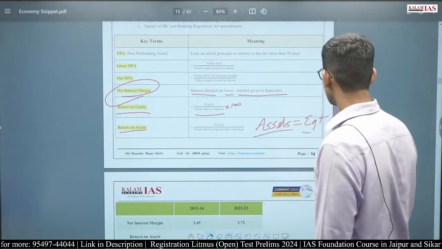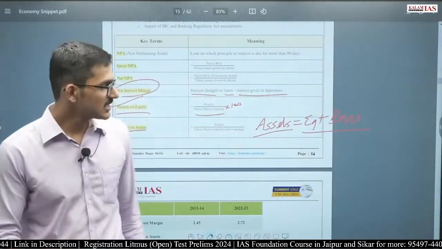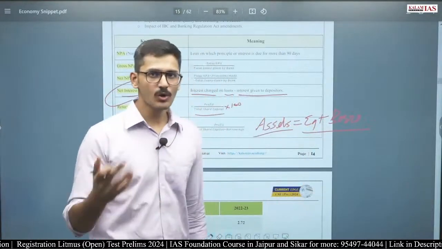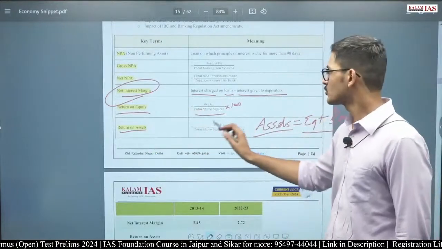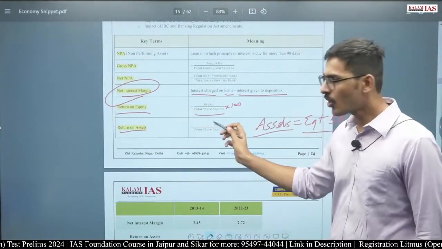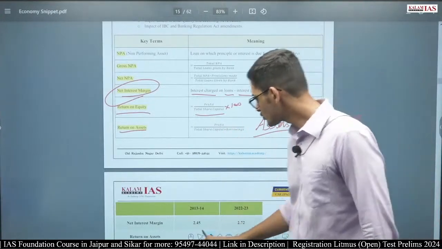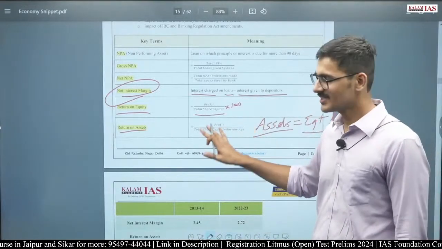Equity and capital are one and the same thing. Assets equal capital plus borrowings, or equity plus borrowings. So return on assets would be equal to profit upon total assets, or profit upon total share capital plus borrowings.